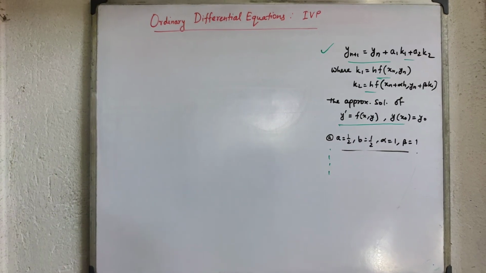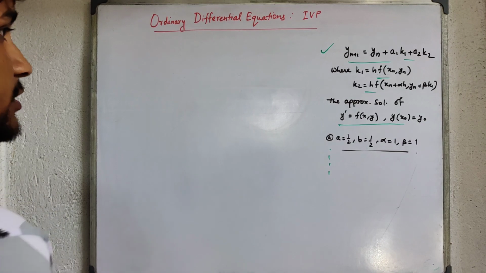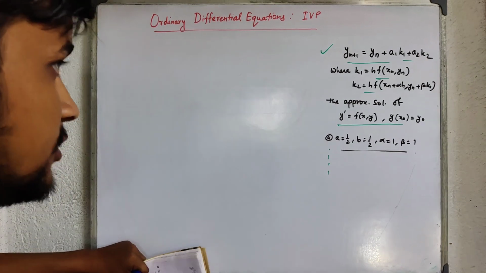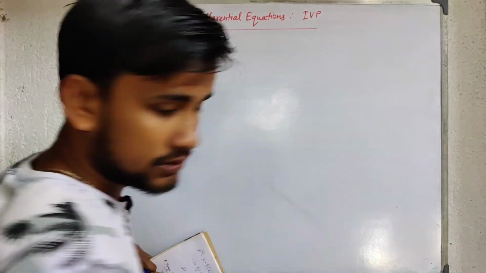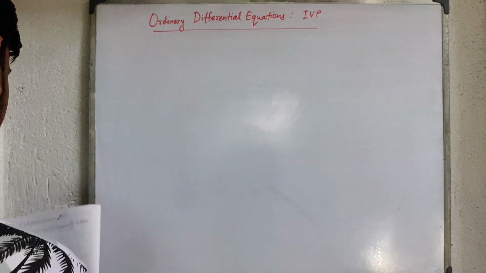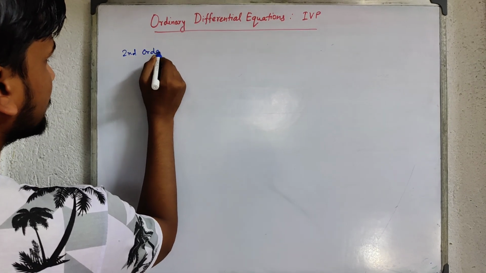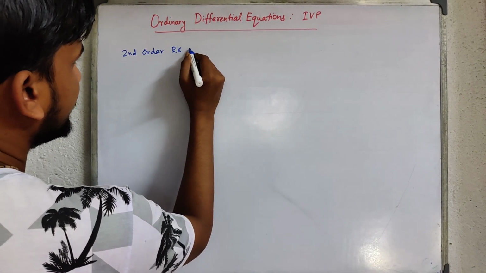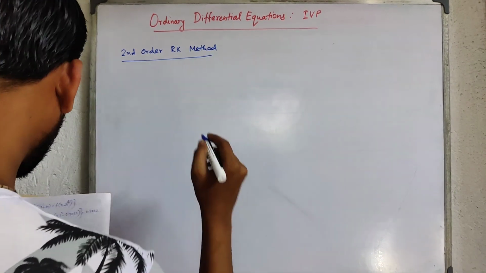Now the RK method. I'll write it here. I also refer you one book for this topic; you can check from the book. Now the second order RK method, that is the Runge-Kutta method. What is the method?